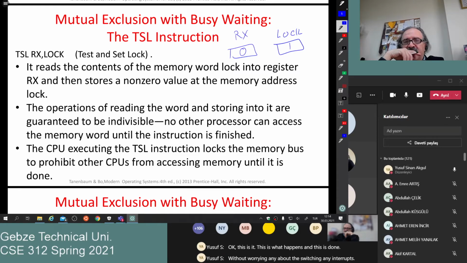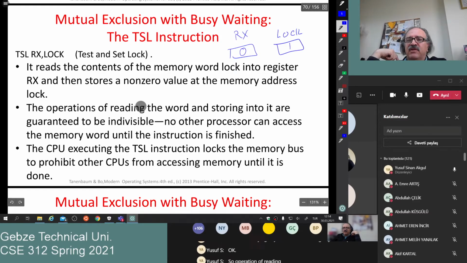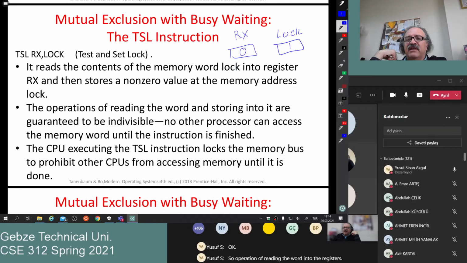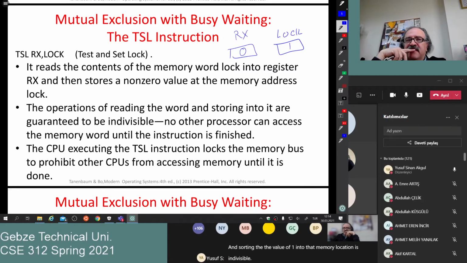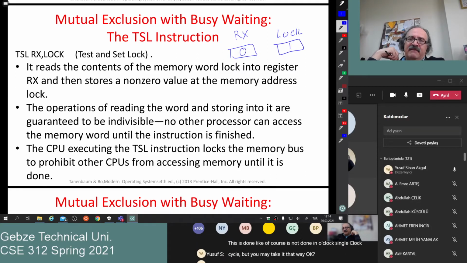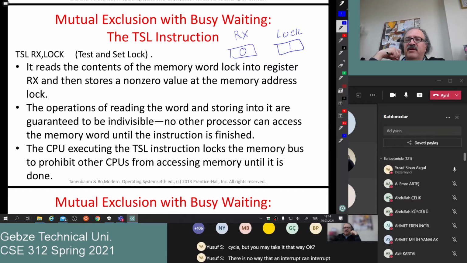The operation of reading the word into the register and storing the value of 1 into that memory location is indivisible. You cannot interrupt it. Of course it's not done in a single clock cycle, but you may think of it that way. There is no way an interrupt can interrupt this operation.